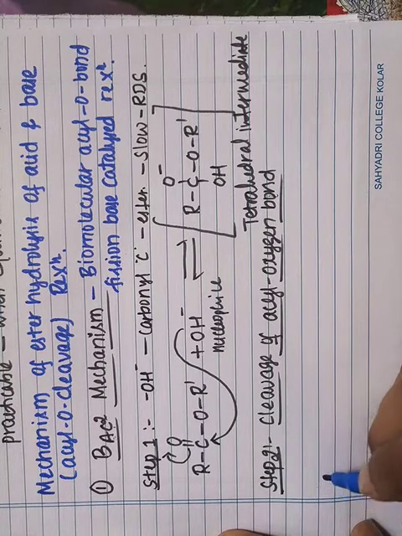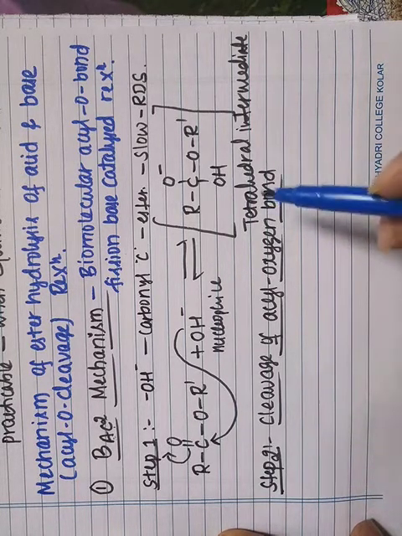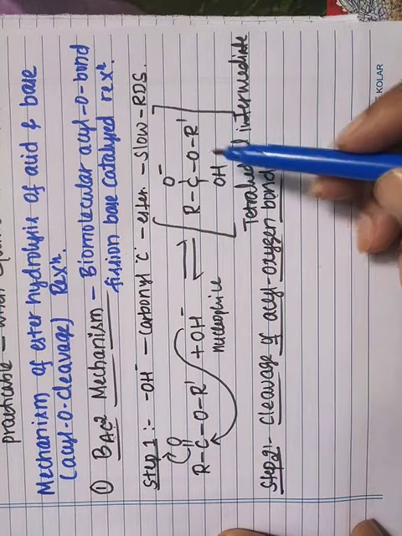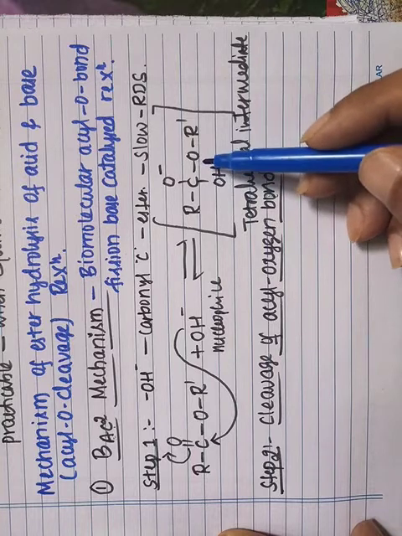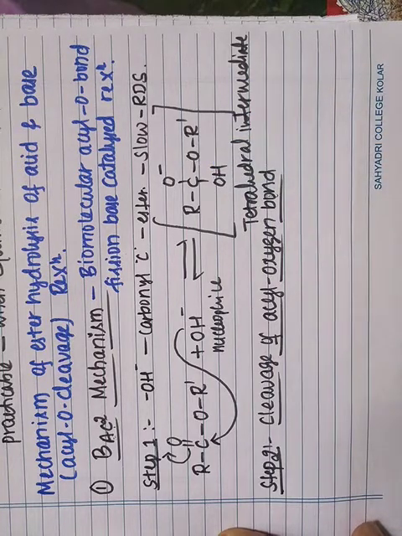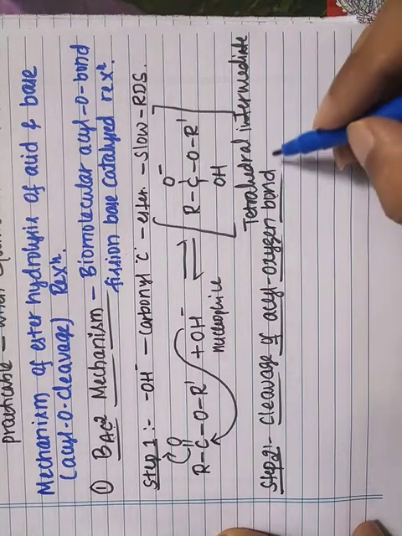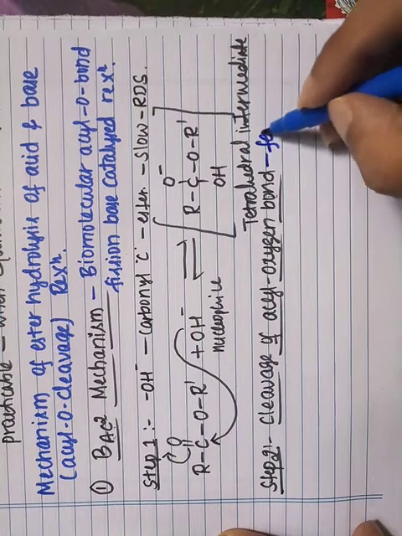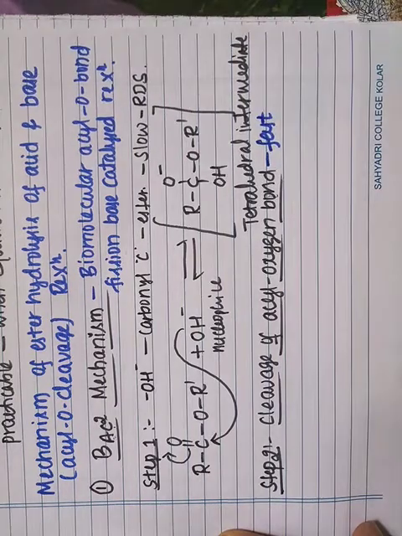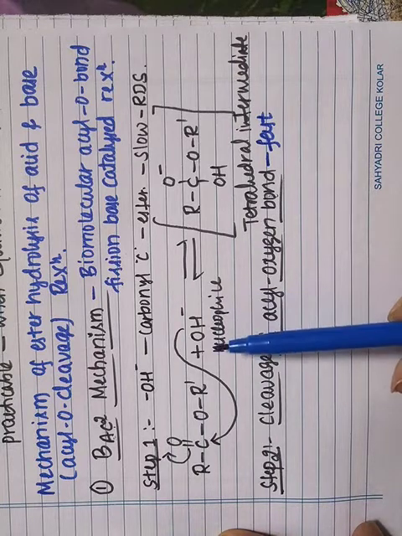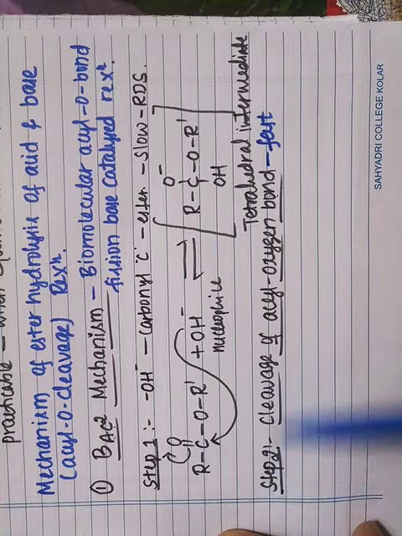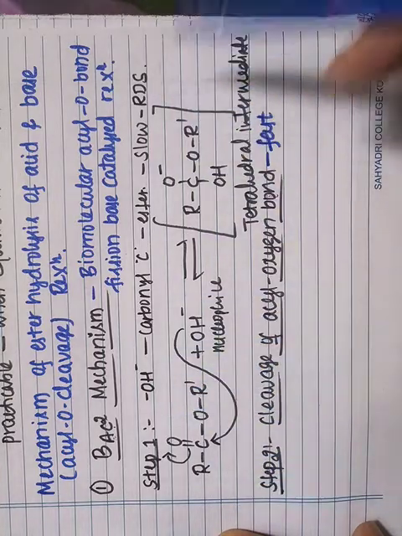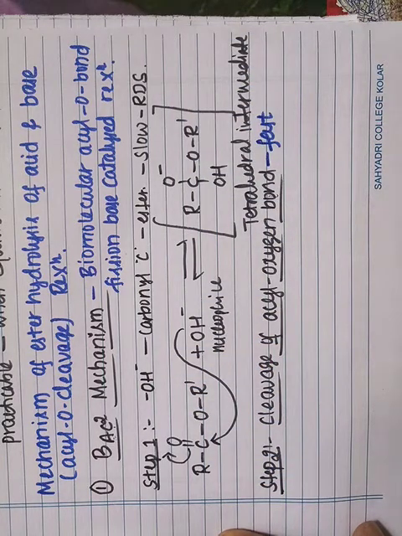In the second step, the acyl oxygen bond will break. This second step is the fast step. Therefore step 1 is the rate determining step for this mechanism.